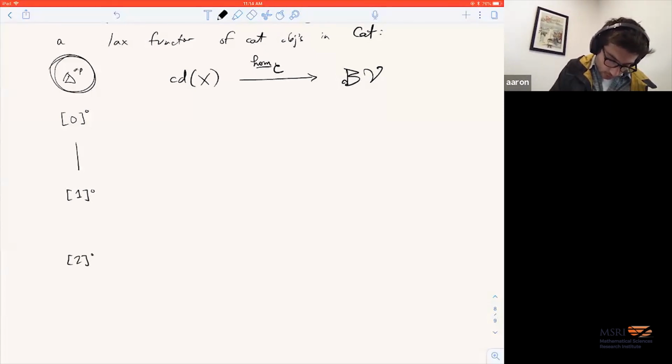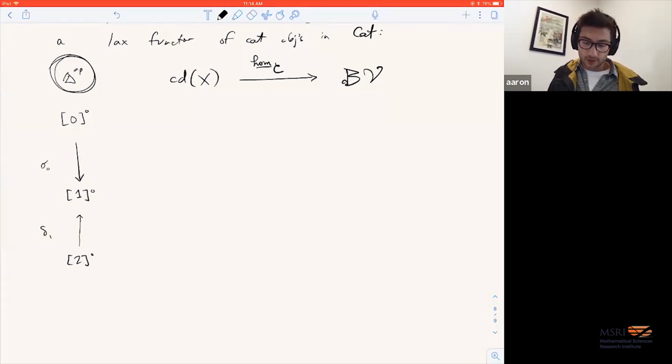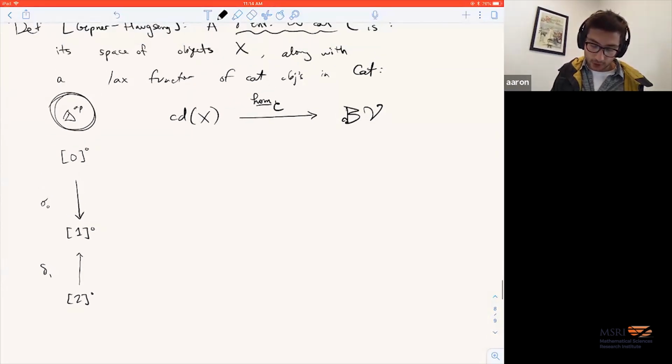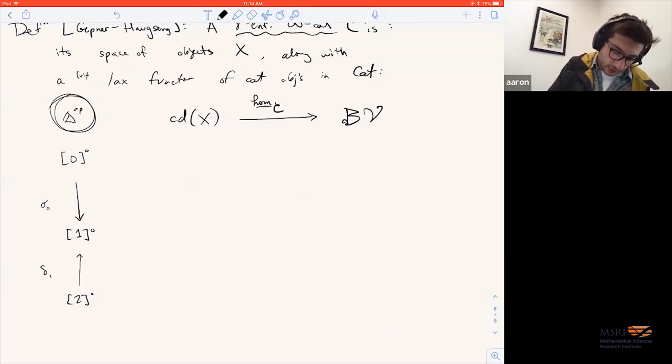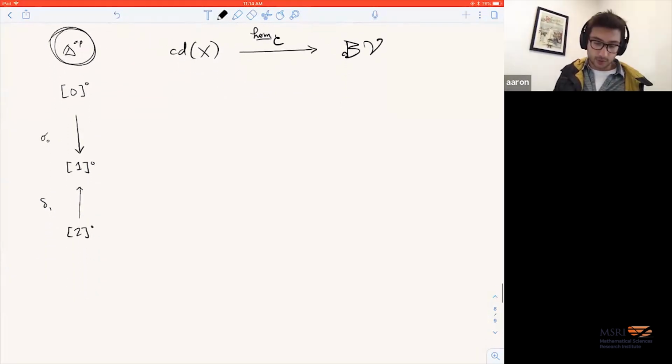So there's an interesting morphism from 0 to 1. That's a degeneracy. And then there's also a face map from 2 to 1. So let's unpack what this lax functor, right lax functor, there's a handedness there, does.